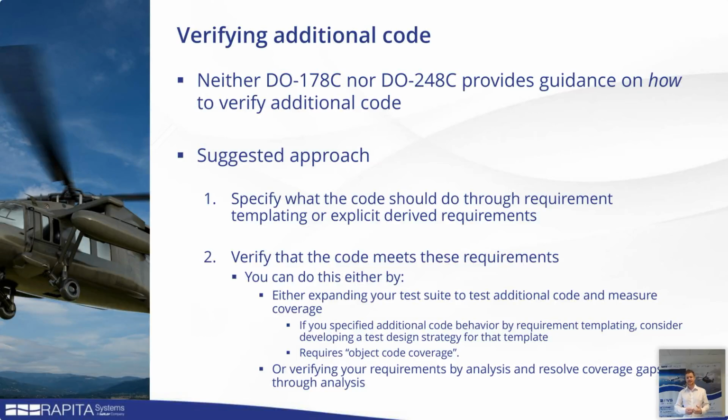It's exactly the same approach as with source code level requirements-based testing and coverage. You measure the coverage. If you have gaps, you go back to the process to examine whether you have missing requirements, or whether you have code that shouldn't belong there. And in some cases, you may need to justify the coverage gaps, just like with source code coverage. Coverage by analysis is an acceptable means of achieving that.